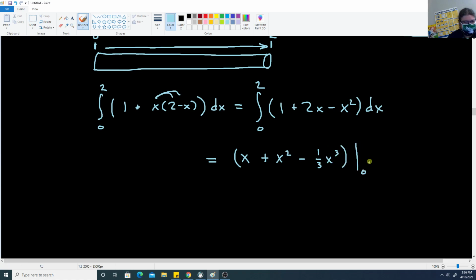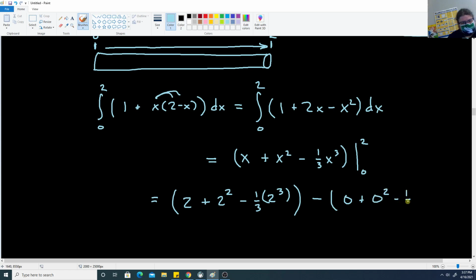So we want to evaluate that from 0 to 2. We're using the fundamental theorem of calculus part 1. I substitute 2 into this function, and then I subtract with 0 plugged in for the x's of that function. If you look through it, that all just becomes 0.